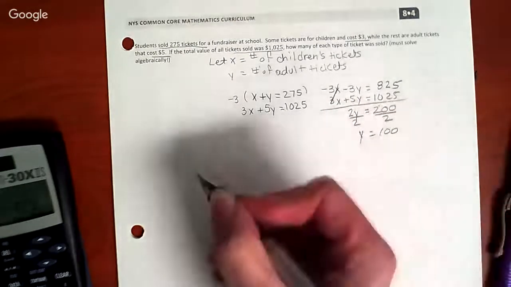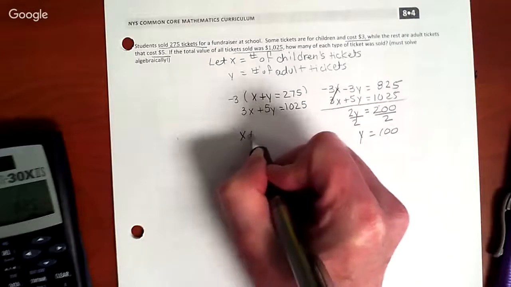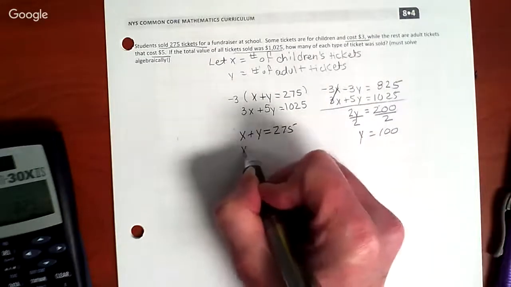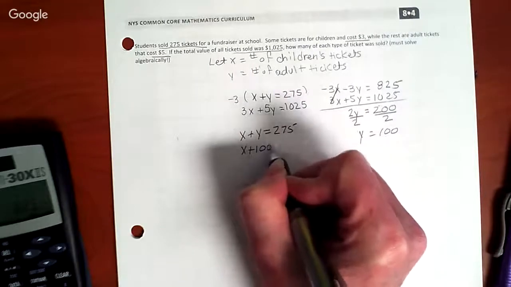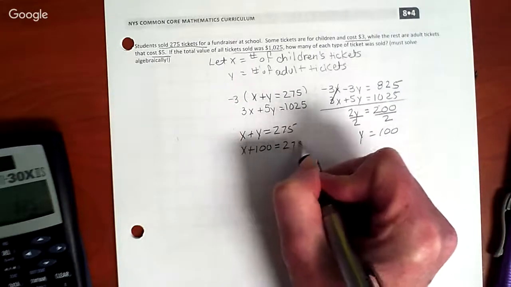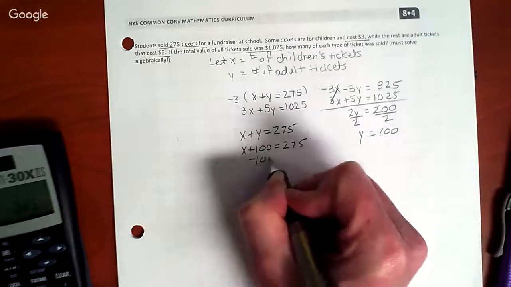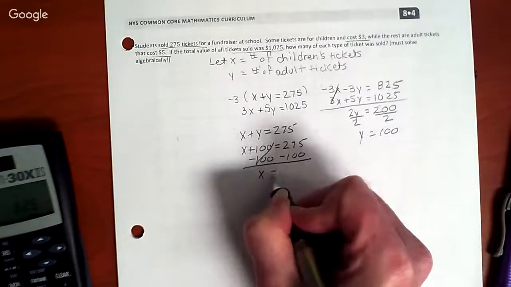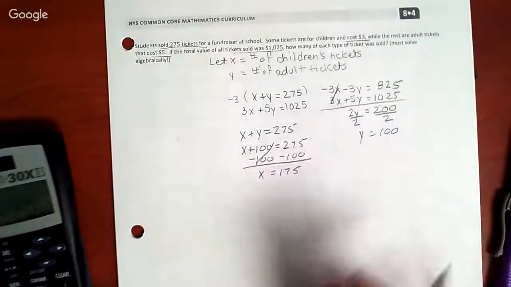That makes more sense. So now x plus y equals 275. X plus 100 equals 275, so 275 minus 100. X equals 175.